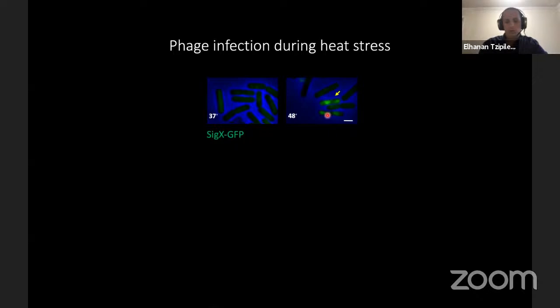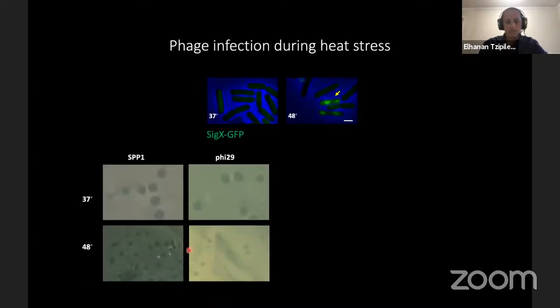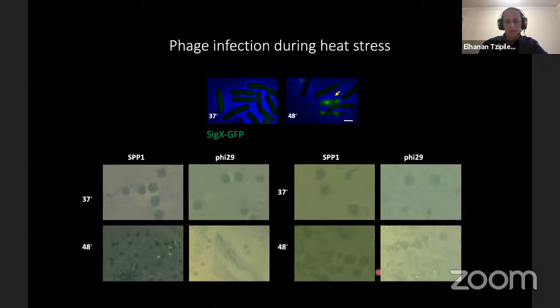And when we monitored plaque size, we found that at 48 degrees, the phages form very tiny plaques upon infection with SPP1 or Phi29. And these tiny plaques depend on activation of SigX, because when we deleted SigX, the plaques returned to being larger plaques.